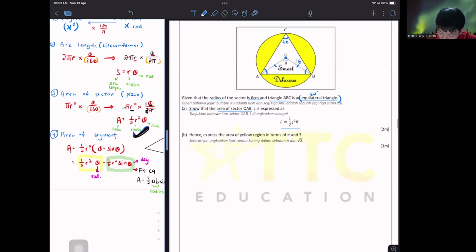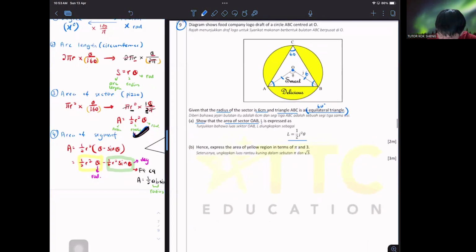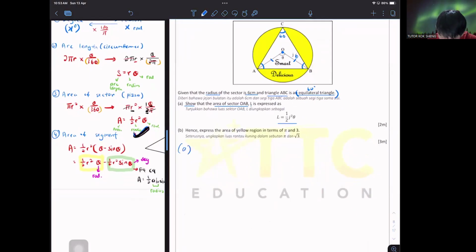They are using L as the area, J as the radius, so you have to follow. Just change only.